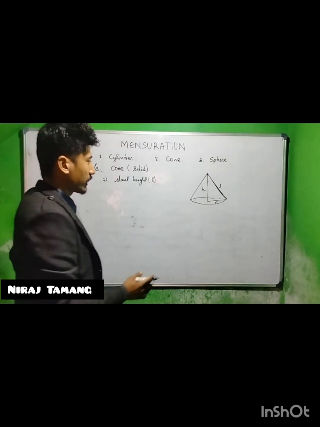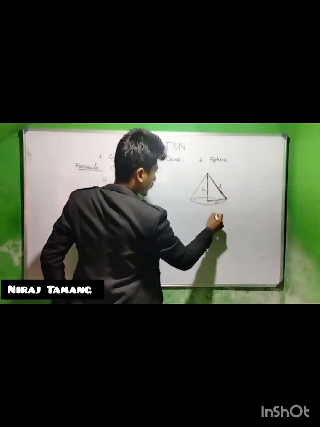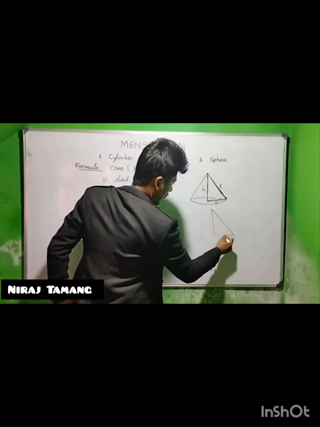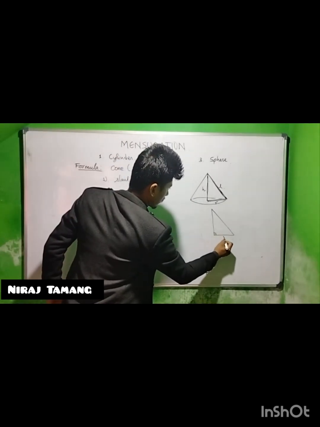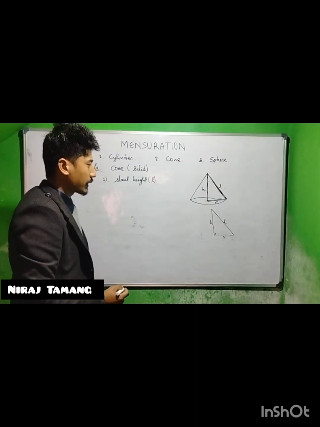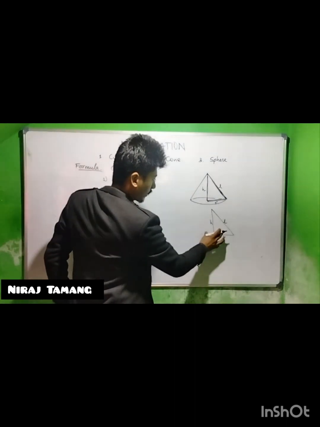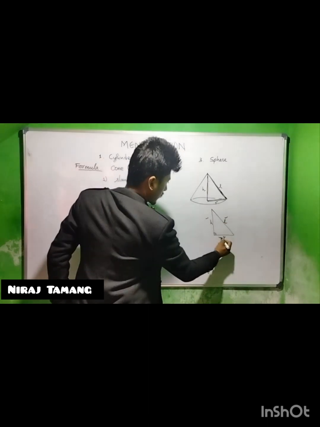Now as you can see, if I extract this part out from this cone, then I'll get it like this, and this angle is 90 degree. Here is the r, here is the h, and here is the L. So if we apply Pythagoras theorem for this right angle triangle, then this is the hypotenuse, this is the perpendicular, and this is the base.